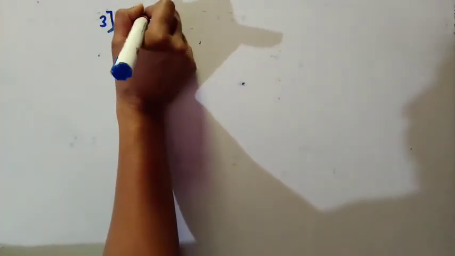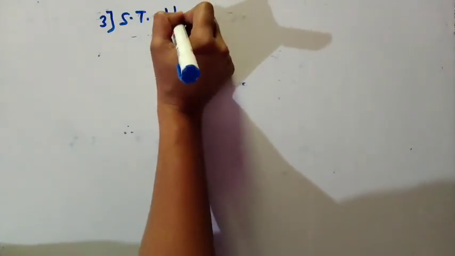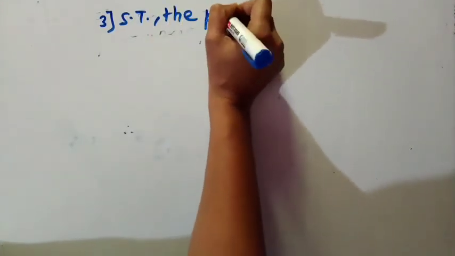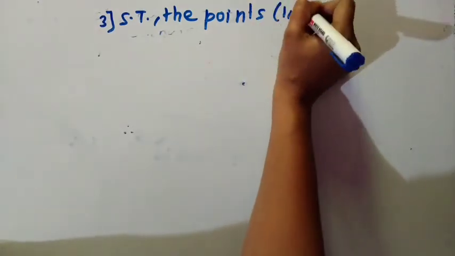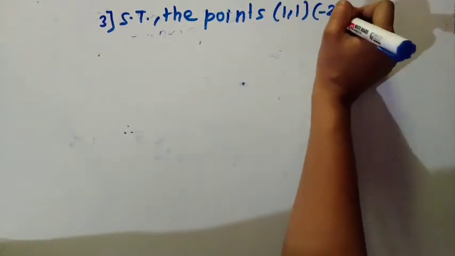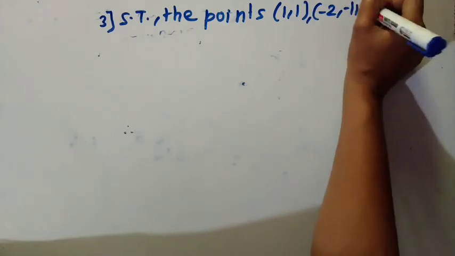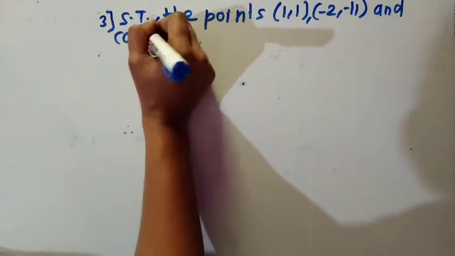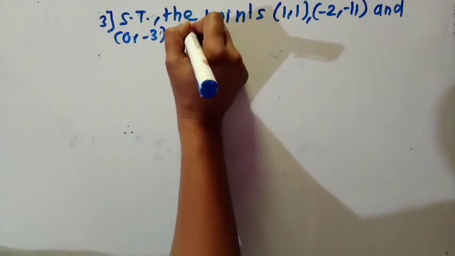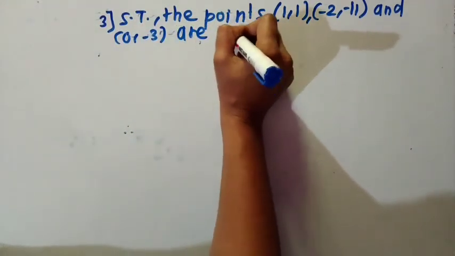Then we give third example. Show that the points (1, 1), (-2, -11) and (0, -3) are collinear.